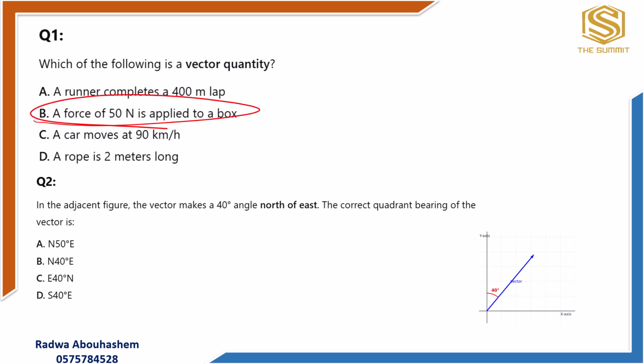In the adjacent figure, the vector makes a 40 angle north of east. What is the correct quadrant pairing of the vector? You remember the quadrant pairing? You start from north and you go for east or west. So here is my north and here is my east. So it's north 40 east.